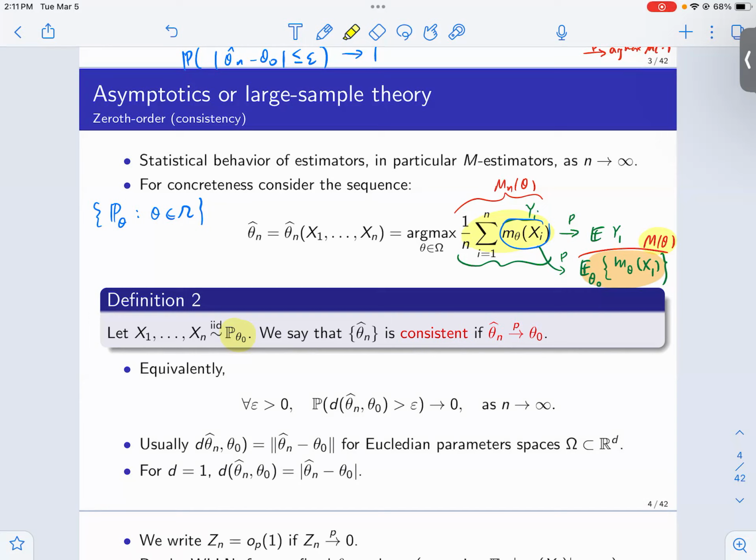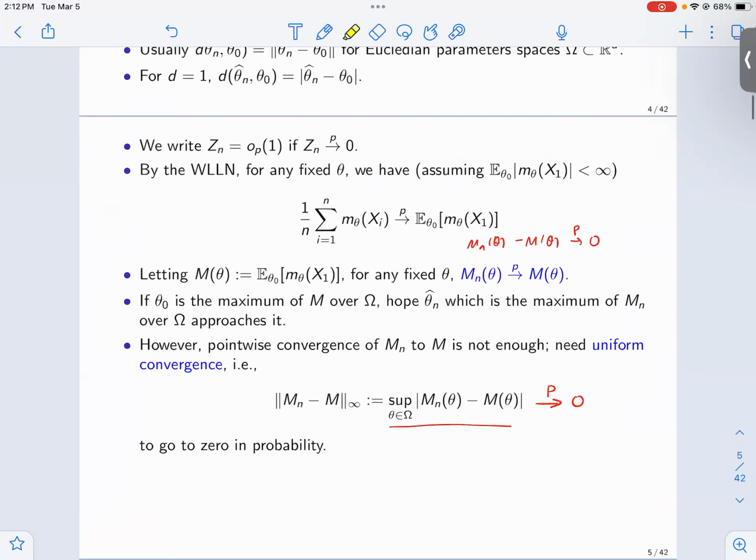Okay. The difficulty, however, is what? What is the difficulty in this type of argument? You recall? Right, so the law of large numbers only gives you that this convergence holds for every theta.